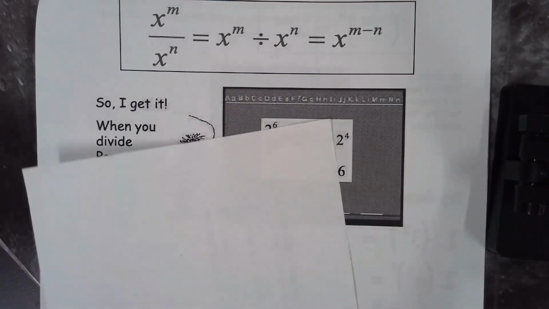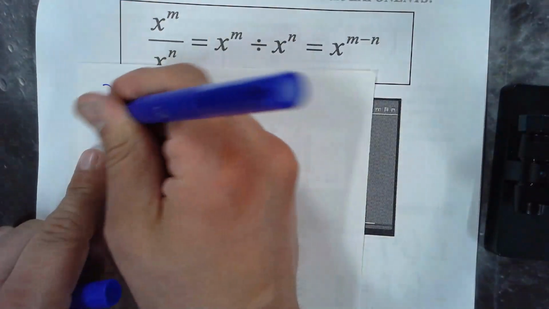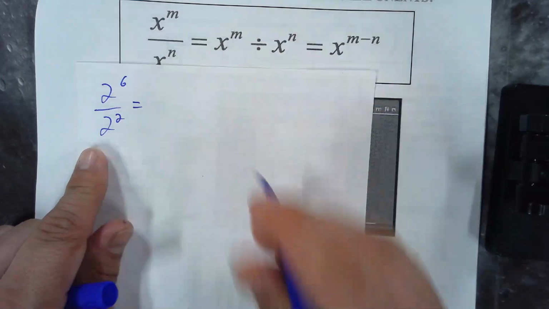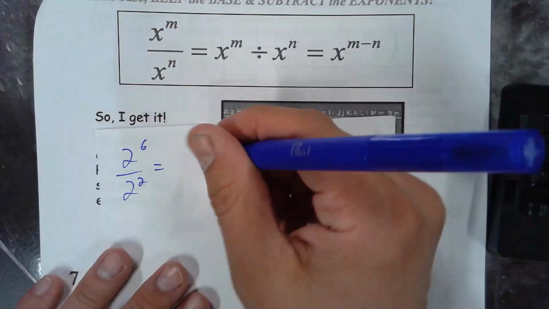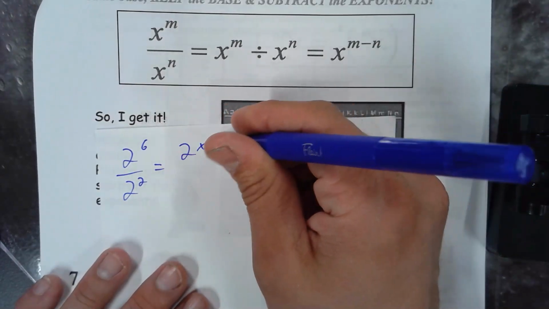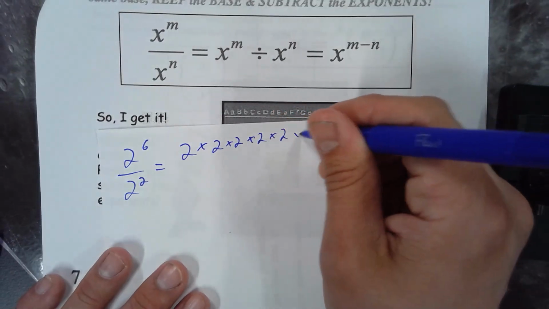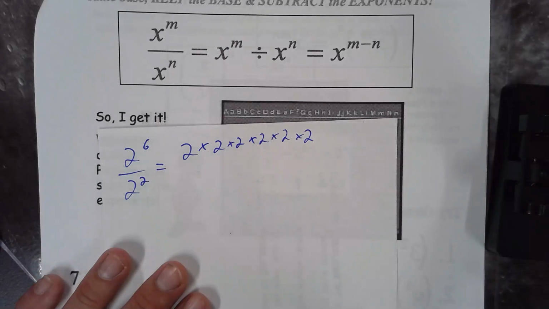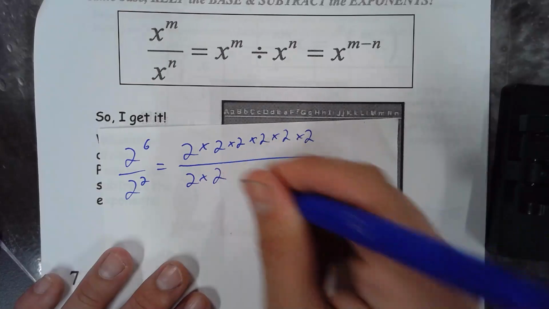So the reason this works, I'm going to rewrite what they have here: 2 to the 6th divided by 2 to the 2nd. Do you remember when we wrote out the exponents, like 2 to the 6th power is the same as saying 2 times 2 times 2 times 2 times 2 times 2? And 2 to the 2nd is the same as saying 2 times 2.